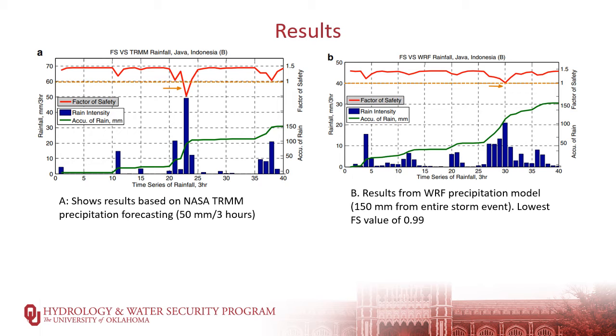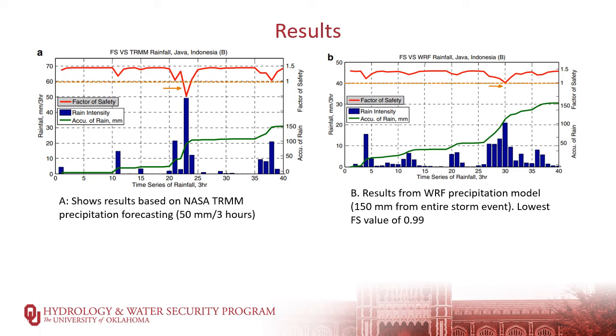You can see that at the highest intensity rain, the factor of safety went well below where they would expect a landslide, which is a value of 1, and that's represented by the orange dashed line. So at the highest rain intensity, they would expect a landslide in the high susceptibility areas in the area of study.